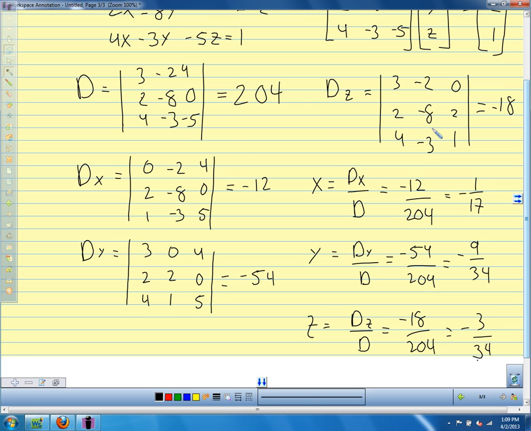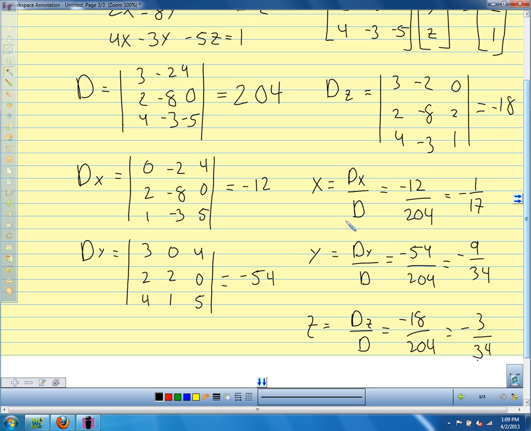You have to calculate 4 determinants. Not difficult, kind of repetitive, kind of tedious. The nice thing about Cramer's rule is it's easy to program a computer to use it. So if your determinant isn't 0, a computer will do Cramer's rule fairly easily.